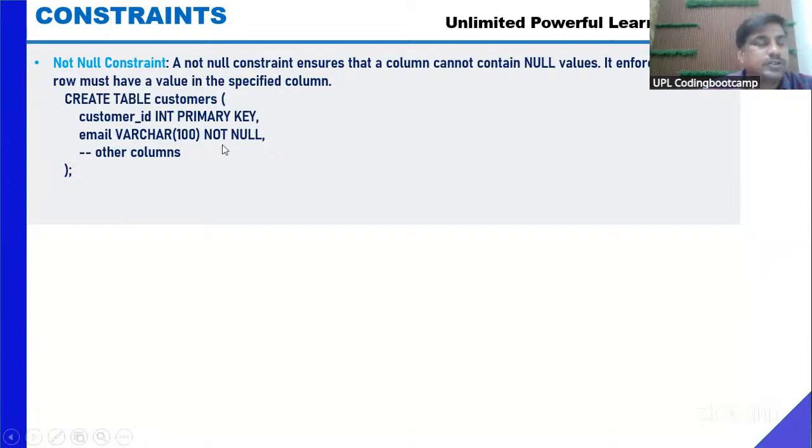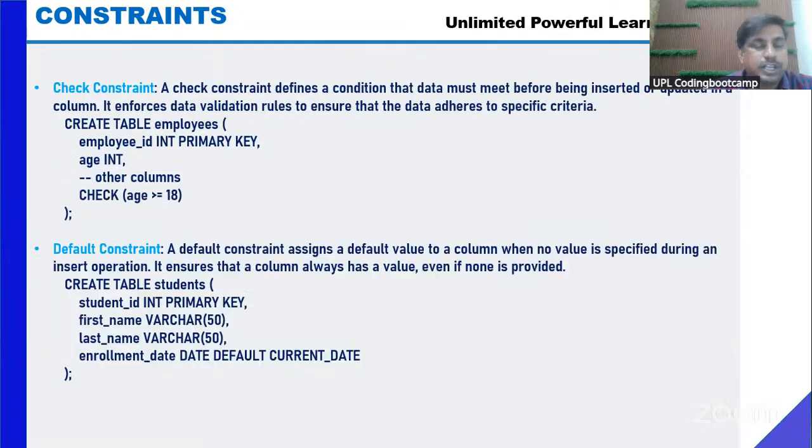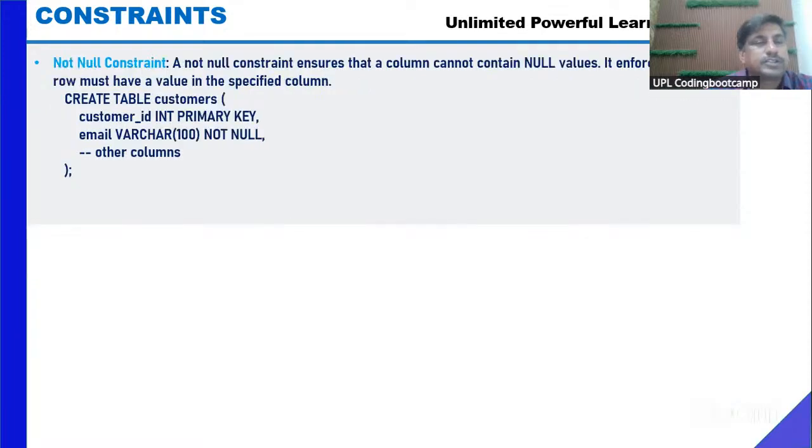So these constraints help maintain the database in the proper way, so that it does not come up with anomalies or problems. This is what we call a constraint. So DDL covers how to create a table and how to add constraints to the table, which we have understood. Any questions before proceeding to the next topic?